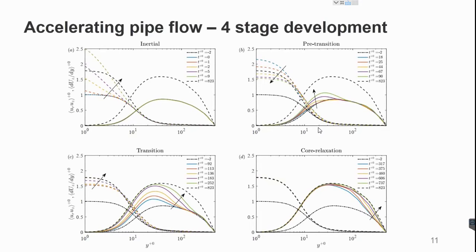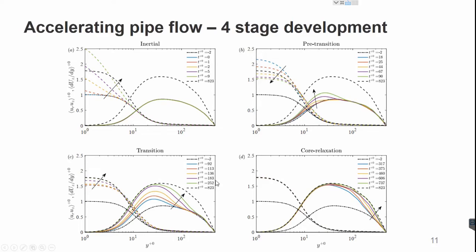Some quantities we can analyze, for example, are these ones. In the dashed colored line, I have the time evolution of the viscous stresses, and in the solid colored line, I have the time evolution of the Reynolds shear stress.